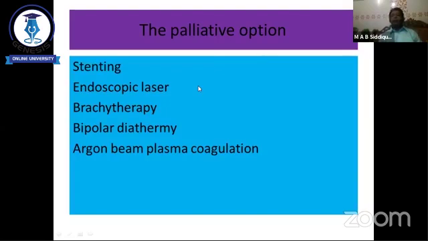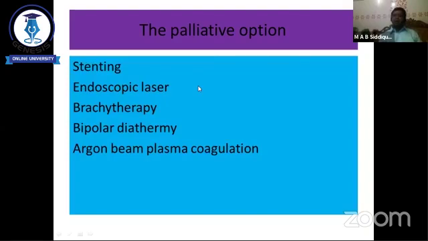If the patient is not fit for surgery, or curative surgery is not possible, then there are some palliative options like stenting, endoscopic laser, brachytherapy, bipolar diathermy, and argon plasma coagulation.